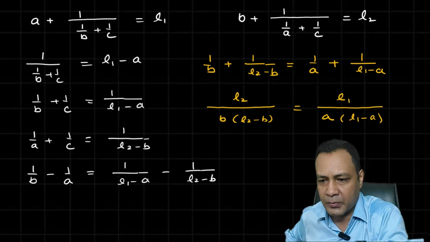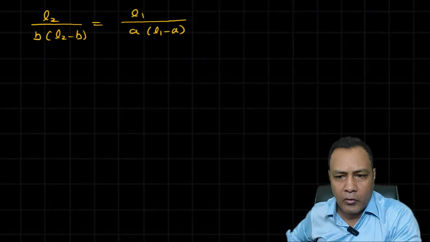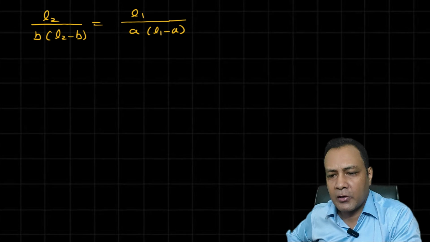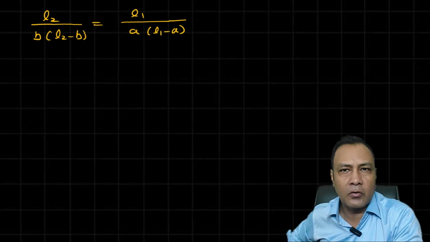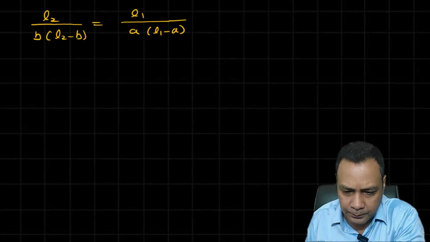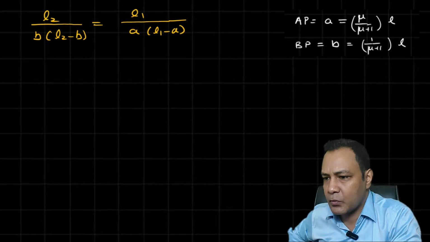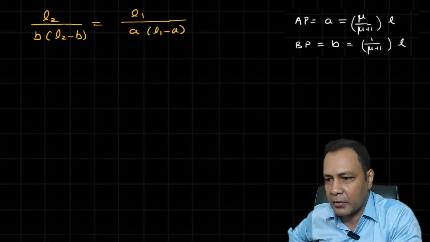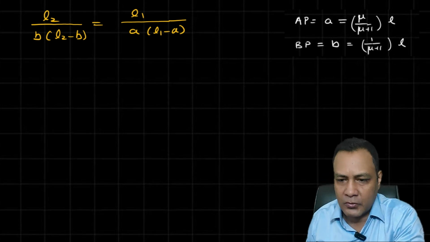So this is the relationship we obtained between L1, L2, A and B. Now put the values of A and B: A is mu L upon mu plus 1 and B is L upon mu plus 1.